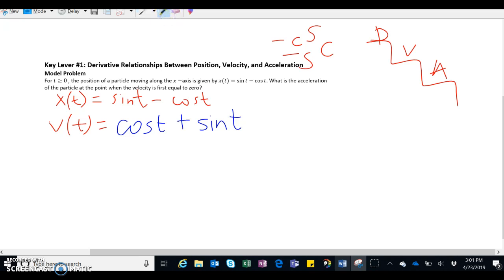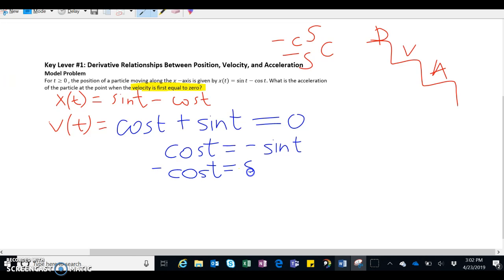This problem asks me to uncover when the velocity is first equal to 0. So I'm going to need to set this velocity function equal to 0. I'll move one of those trig functions to the other side, and I want to know when the cosine is equal to the negative sine, or when negative cosine, perhaps this might be easier, is equal to positive sine.